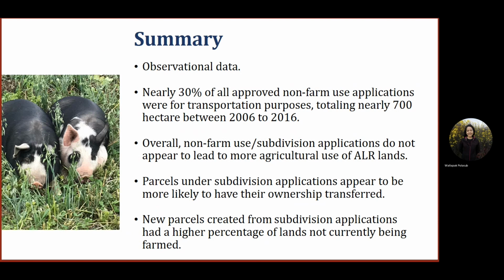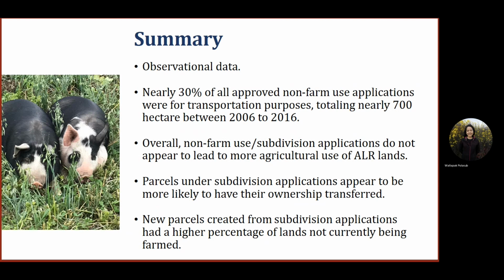So I wanted to give you a few key points just to summarize. First of all, we have to emphasize that all the data we presented today are observational data. We did not make any causational relationships. We don't say that, oh, because this happened, that happened.